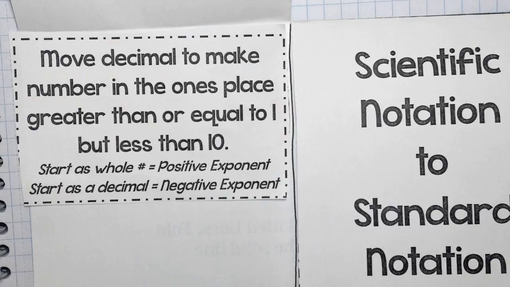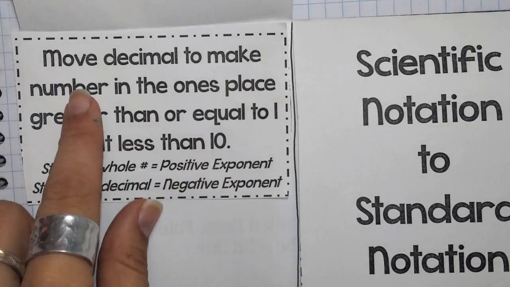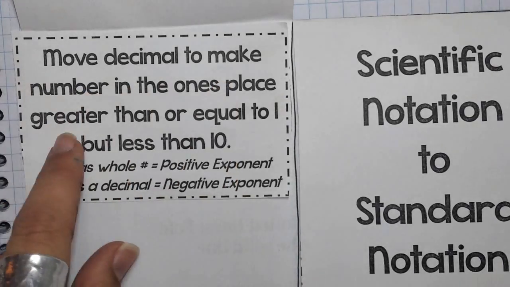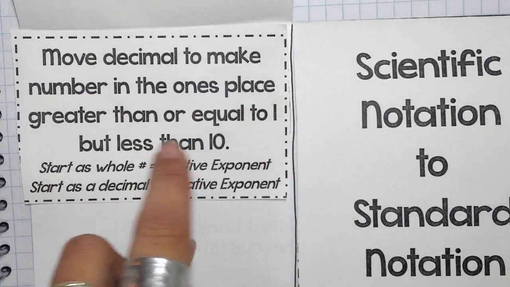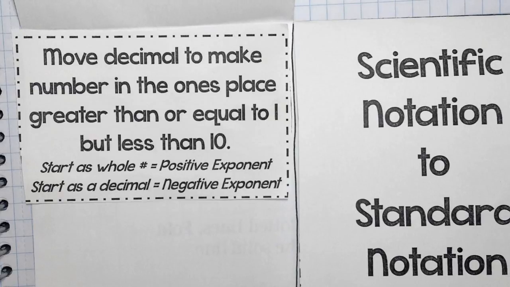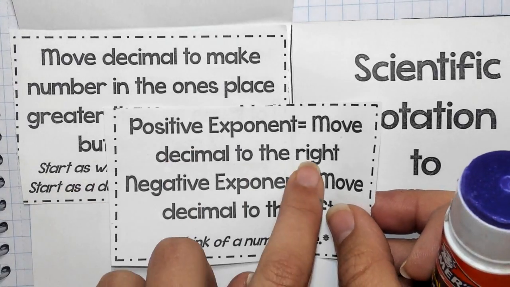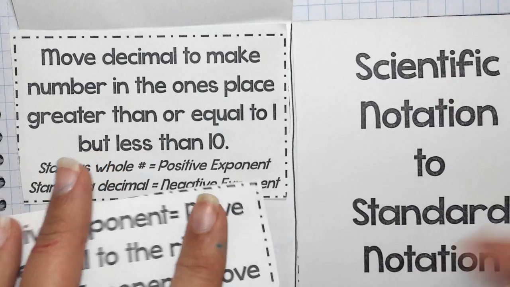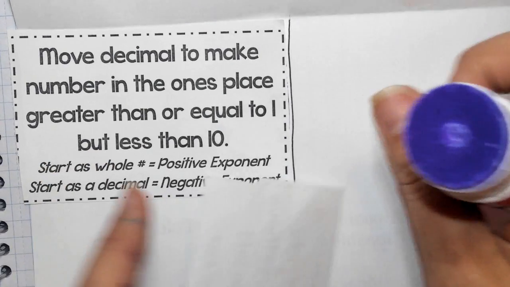Alright, so standard to scientific means that you move the decimal to make the number in the ones place greater than or equal to 1 but less than 10. So if you have a positive exponent and you move the decimal to the right, that's from scientific to standard.